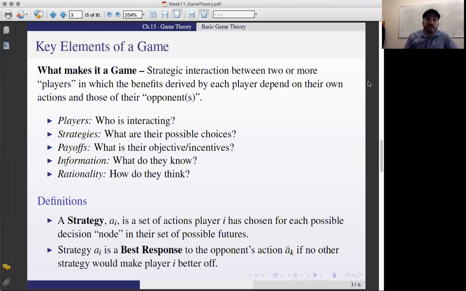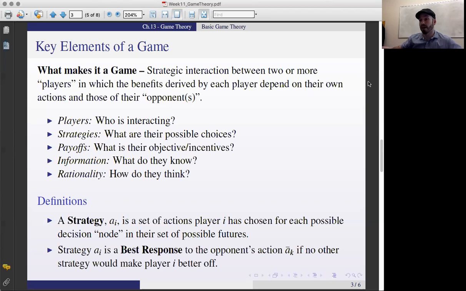So, some definitions here. There is a broad and slightly more cumbersome definition of strategy for a generic game setting where we may have multiple stages, where we say that a strategy A_i is a whole set of actions that player i has chosen for each possible decision node, or there may be n different decision nodes, or more than n really, for all the different stages of the game.